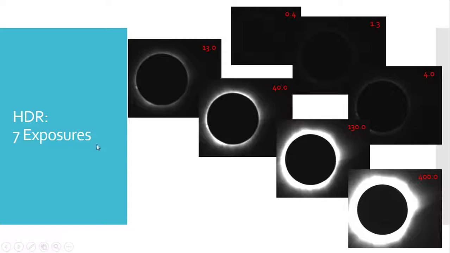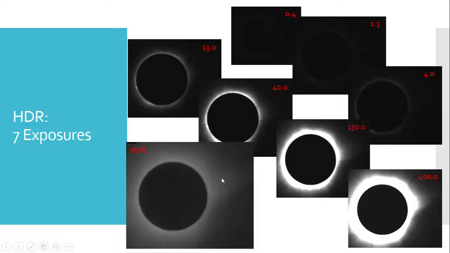And so why do we have an HDR using these 7 exposures? An HDR image allows the best parts of the different exposures to be combined into a composite image. This is accomplished by removing the overexposed parts of images and normalizing the composite. The result is an image where you can see the best parts of both the inner and outer corona.